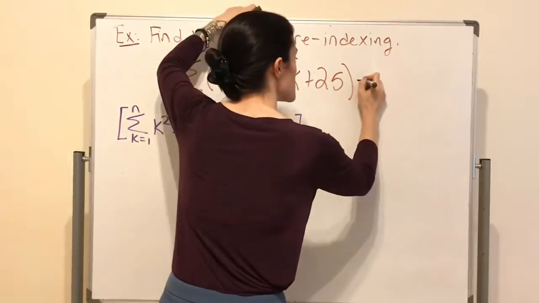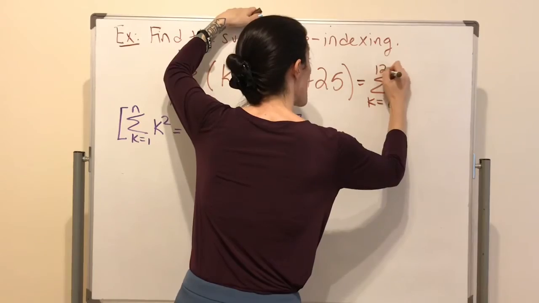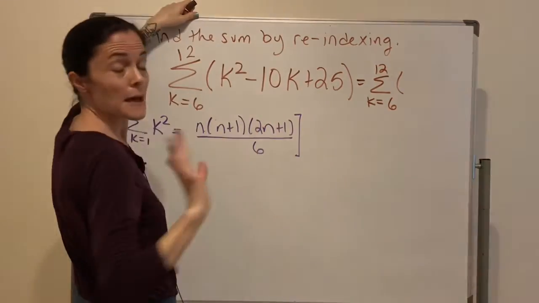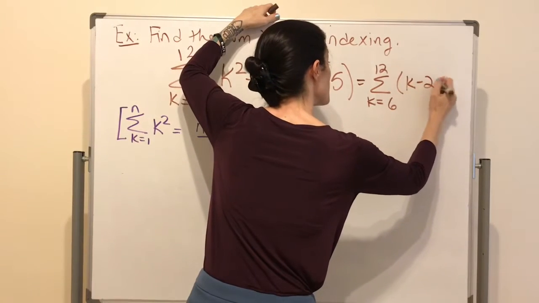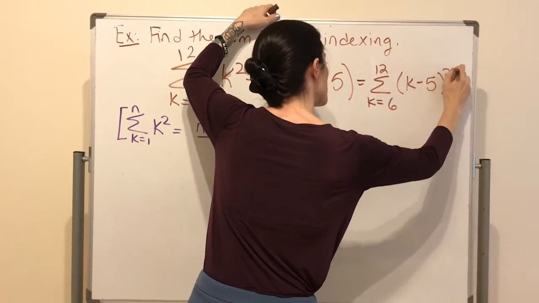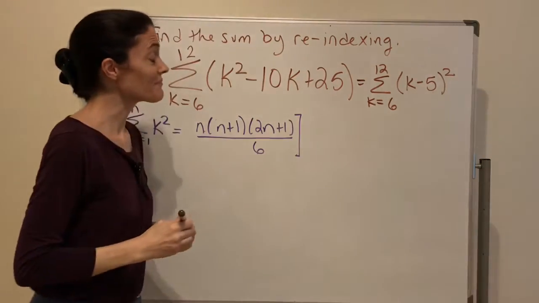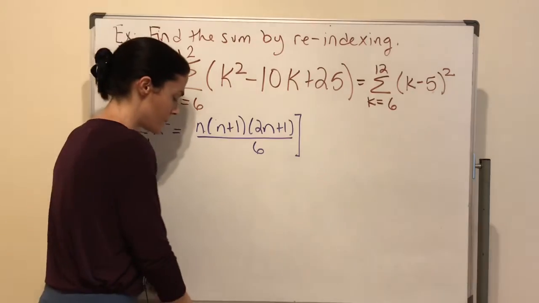So this is the sum, k equals 6 to 12, of k minus 5 squared. Now, here's where the reindexing comes into play.